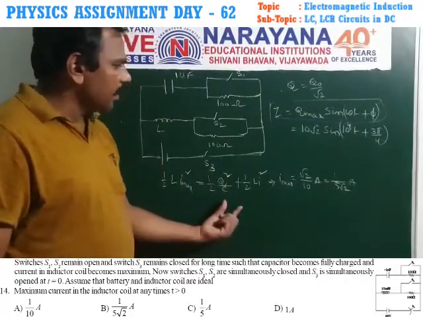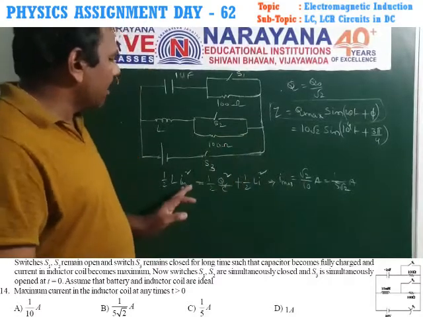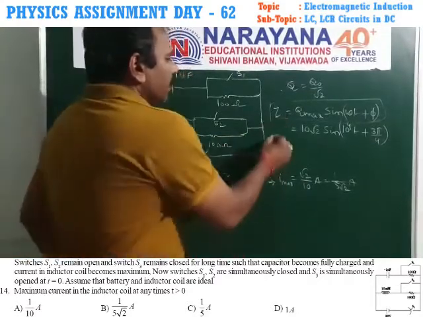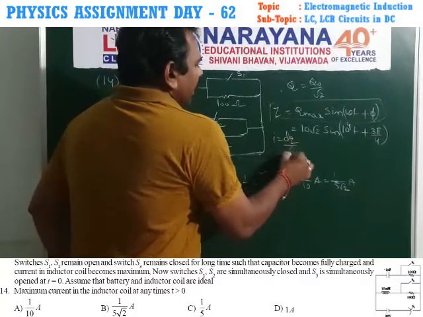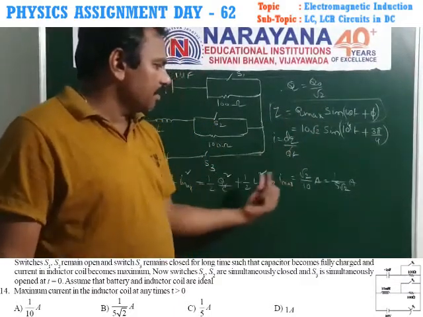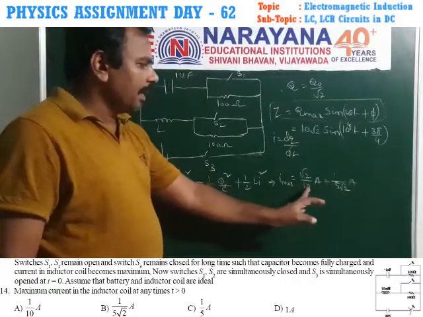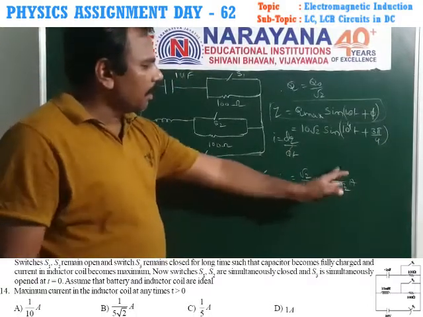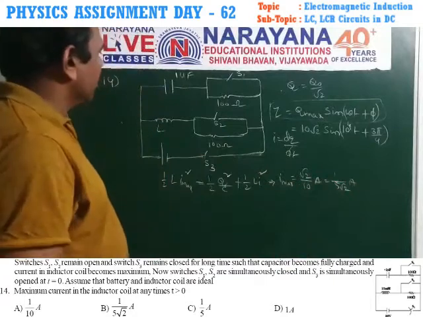So using this, I maximum is obtained. I is equal to dq by dt, differentiating it, you get the maximum value. I maximum is equal to root 2 by 10 amperes. You get 1 by 5 root 2 amperes.